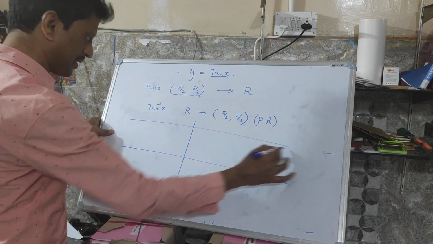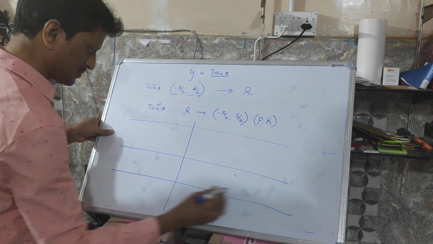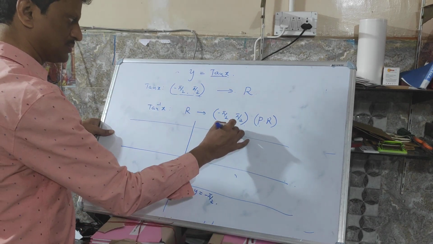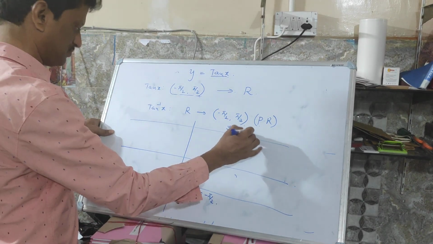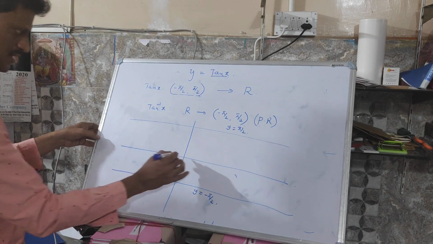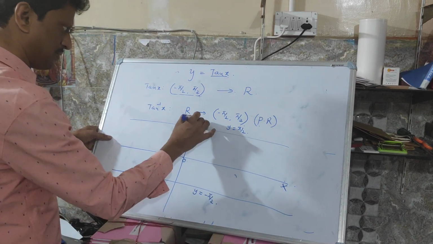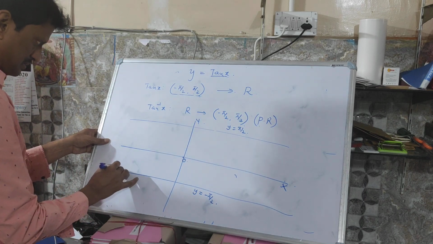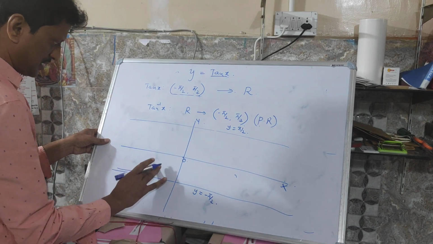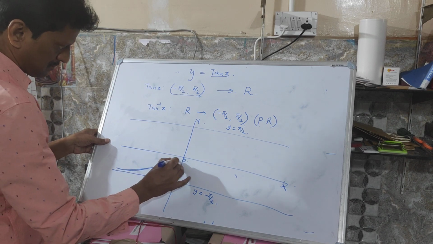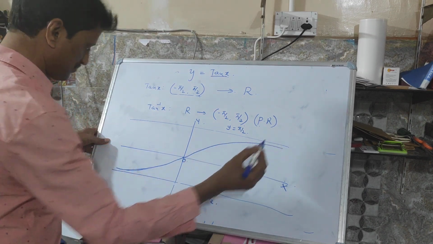So from y equal to minus pi by 2 to y equal to pi by 2, this is your 0, this is your x-axis and y-axis. The same increasing arc, this way.